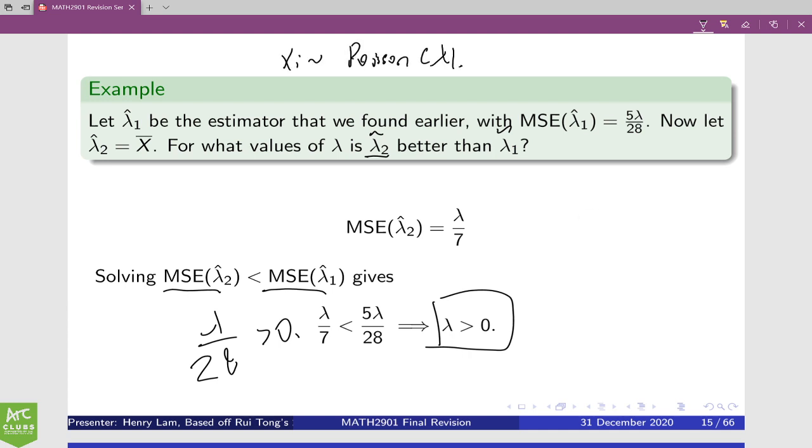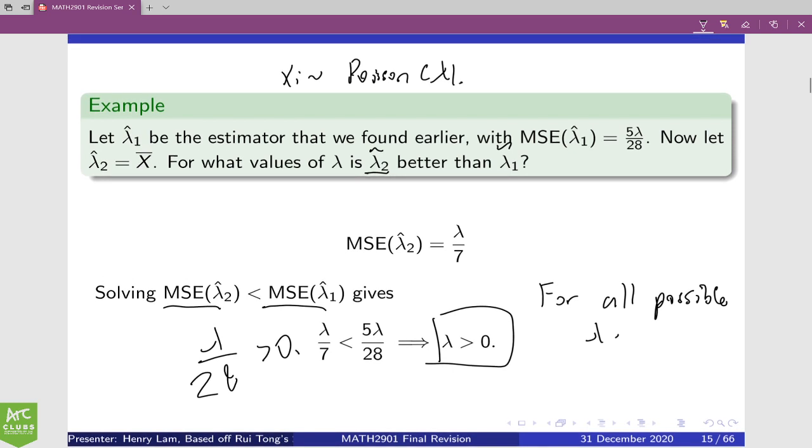So in other words, it's for all possible lambda, because lambda can only be positive. So the second estimator is always better than the first one with respect to the mean square error.